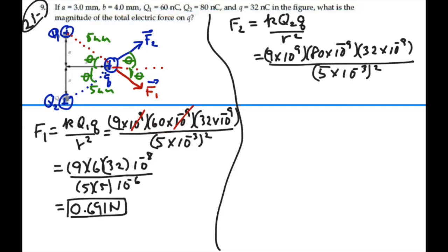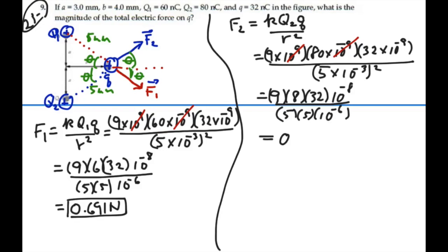So again, 10 to the 9 and 10 to the minus 9 cancel out, and this is equal to 9 times 8 times 32 times 10 to the minus 8 over 5 times 5 times 10 to the minus 6. And what is that? 0.922 newtons. So that's the magnitude of the second force.